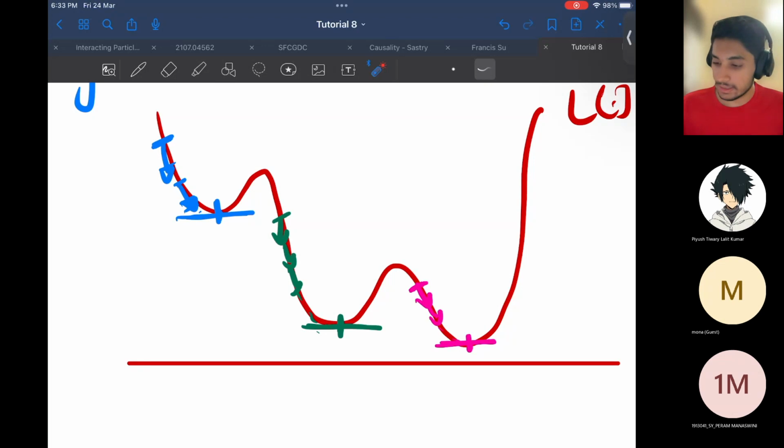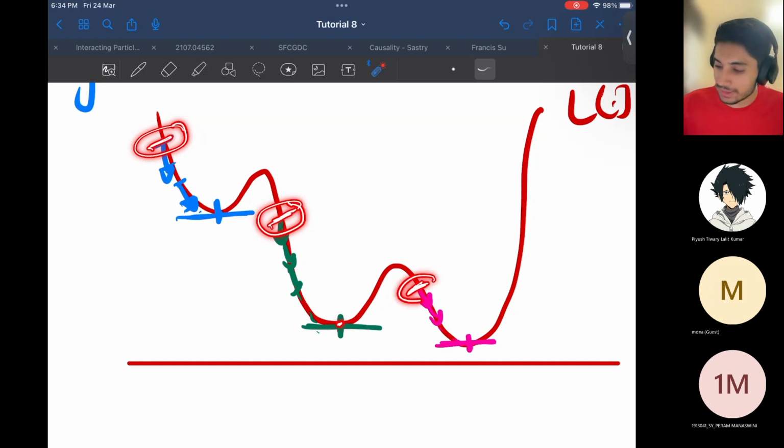I hope you can see that initializing your parameters from this point is bad, or you can say that this is a bad initialization. Okay, is this a good initialization? Well, this is a better initialization, I think. Compared to this point, this is a better initialization, but nonetheless, this is not the best initialization.